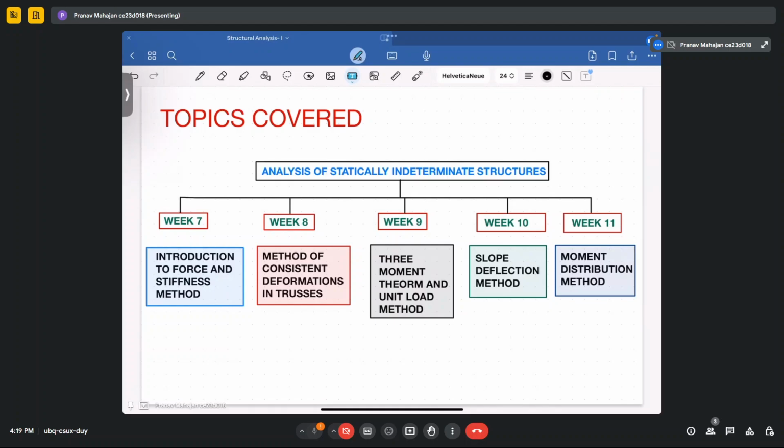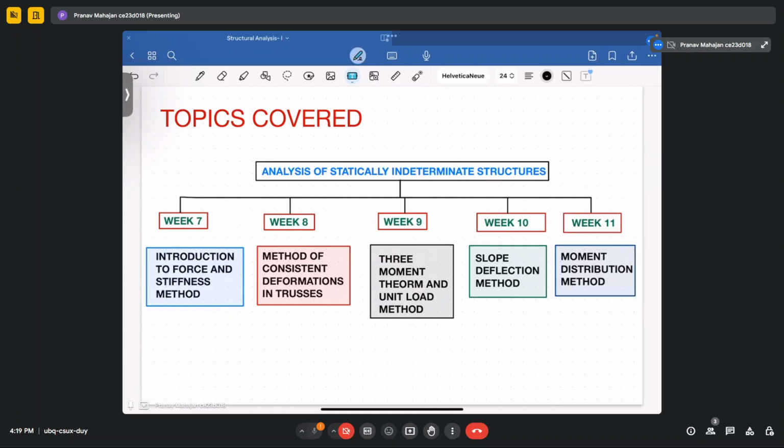Then later on, we have moved to the slope deflection method, wherein we have seen how end moments are calculated using slope deflection equations. And in week 11, that is the previous week, we have seen how moment distribution method is utilized to determine the end moment in a structure.